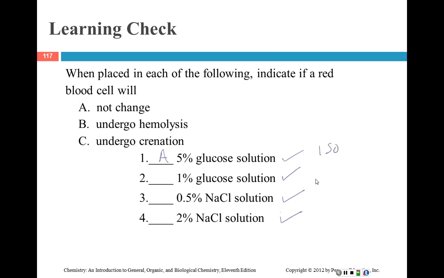A 1% glucose solution is going to be hypo, so the water would come in, and that should be hemolysis. This is again hypo, because we should be 0.9%, and so hemolysis. And then 2% sodium chloride, which is much higher, so we should crenate.